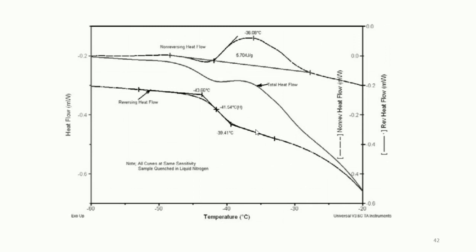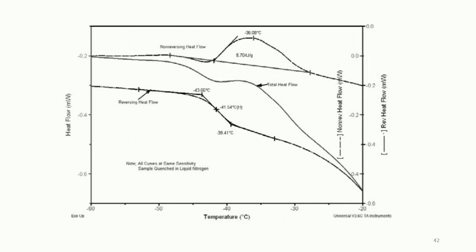The second one is an exothermic in the non-reversing signal caused by crystallization of free water that could not crystallize during the quench of the sample.